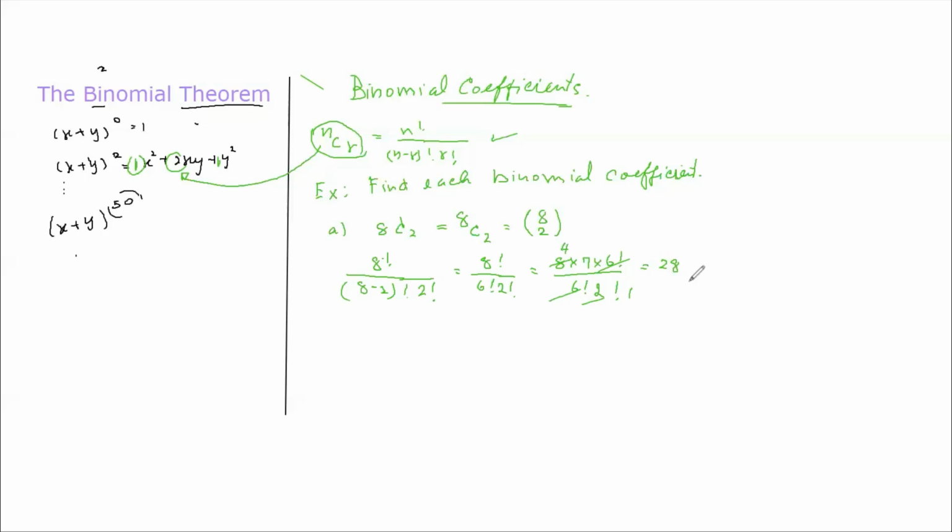So this is a coefficient of what? In 8C2, the 8 represents the eighth row, and 2 represents the second term.